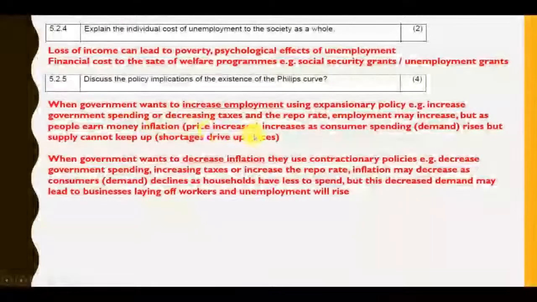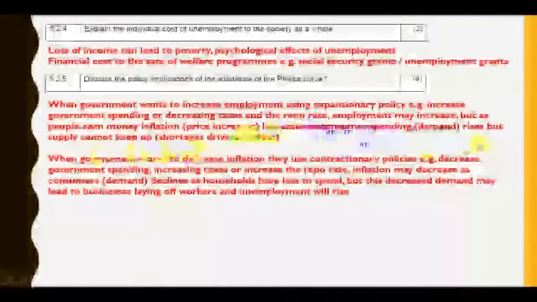When government wants to increase employment using expansionary policy like increasing government spending or decreasing taxes and the repo rate, employment may increase, but as people earn money, inflation increases, as spending rises but supply cannot keep up. So that's the first part of your answer.